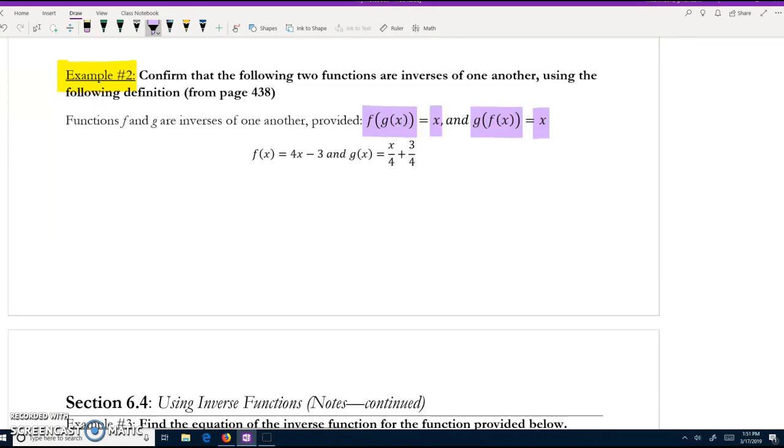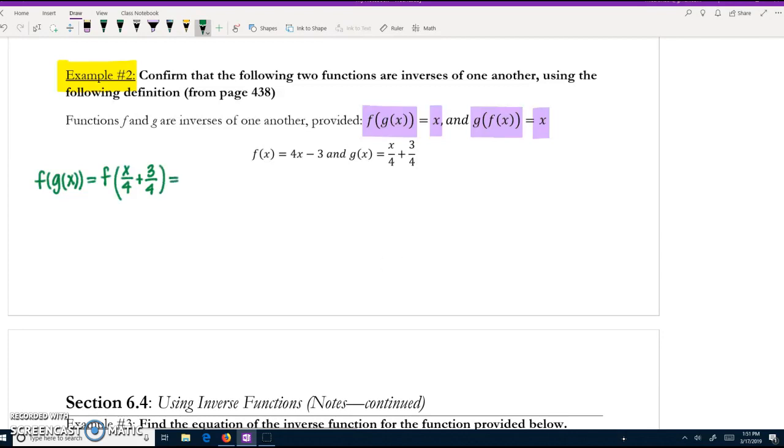So if I take a look at the two functions that are provided, I could start out with either one and solve for the inverse using that flip-flop of x and y process we saw up above, or I can use this function composition technique. So let's try that technique out. First up, I want to evaluate f of g of x, where my g of x is x over 4 plus 3 over 4, so I can rewrite it like this.